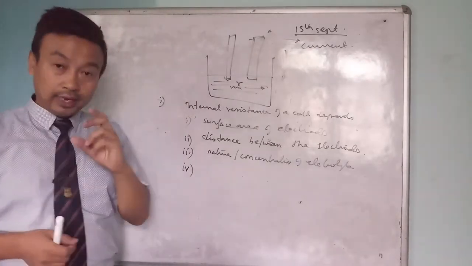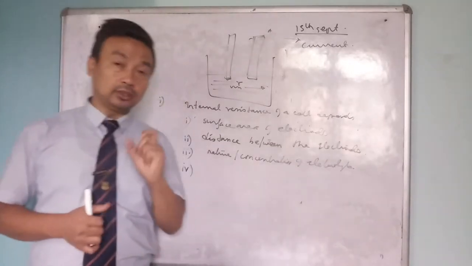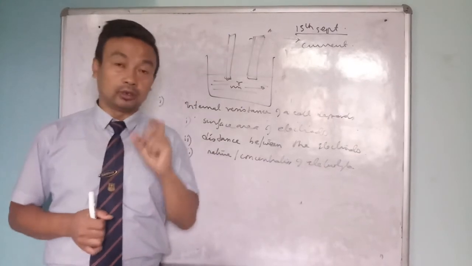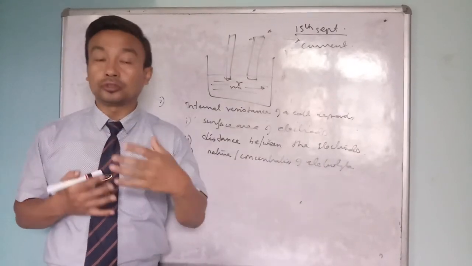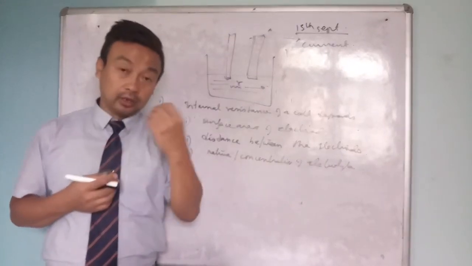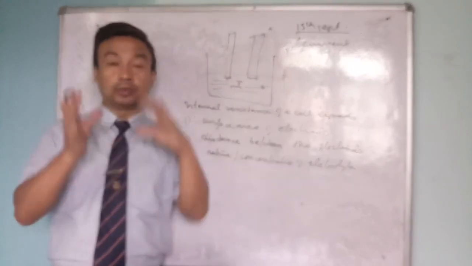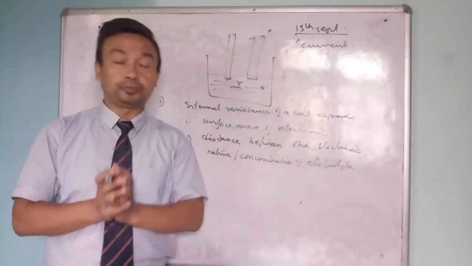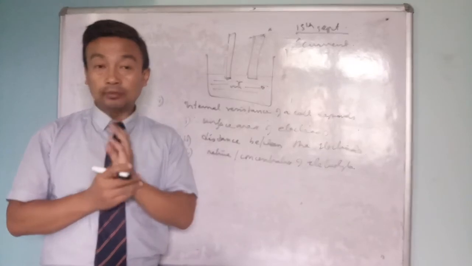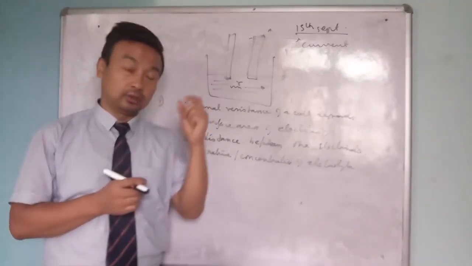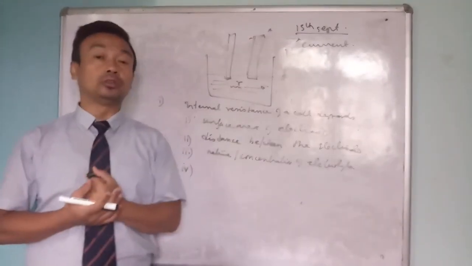Now, since we have talked about resistance, it is a very important topic. Resistance is basically the obstruction to the flow of the current. Internal resistance is the same thing, but it is happening inside the cell. This resistance can also be called the resistors.